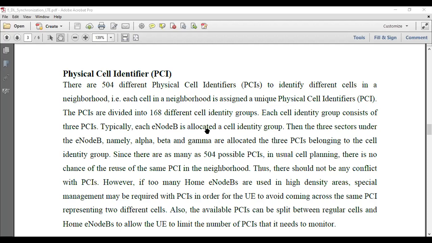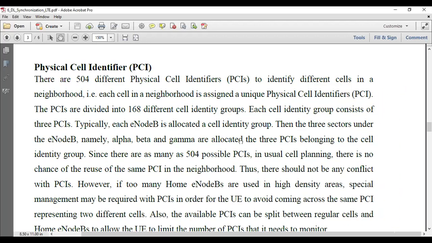These 504 PCIs are grouped with 3 PCIs in one group, so you have 168 groups. These are called cell identity groups. The key purpose of all these groupings is to enable those two things, and to identify in an easy way.